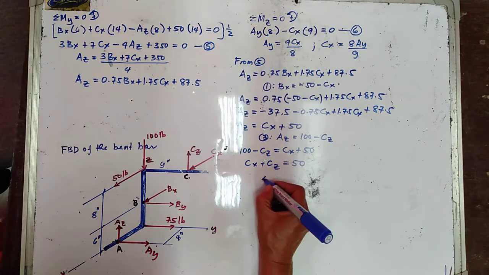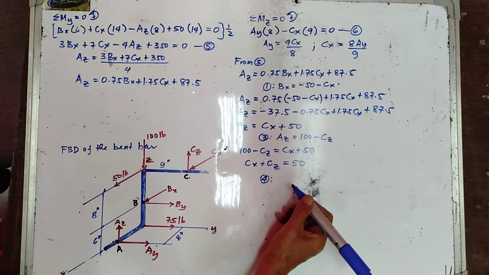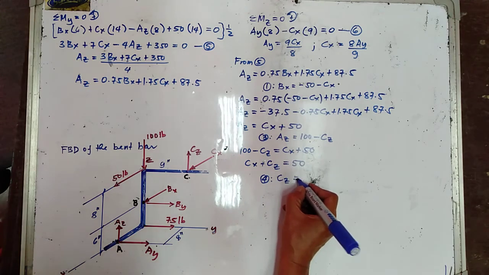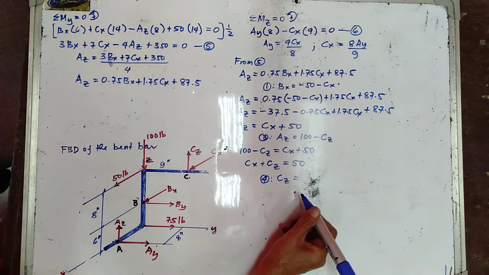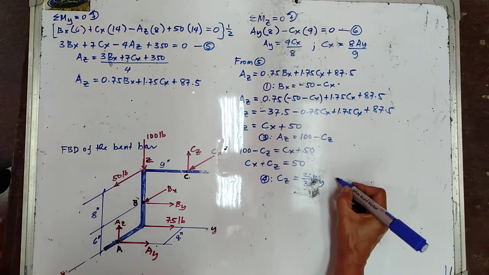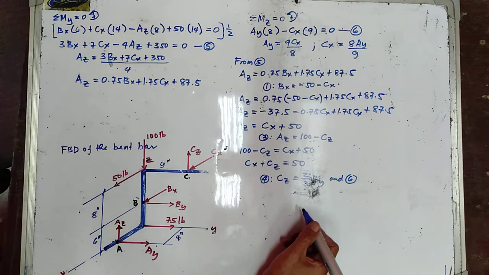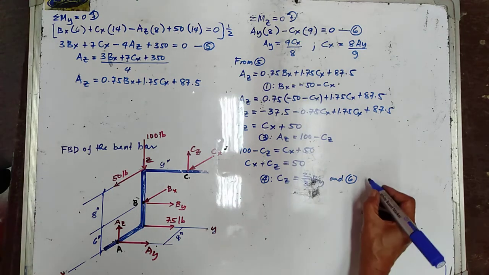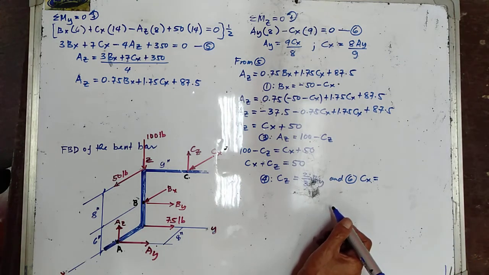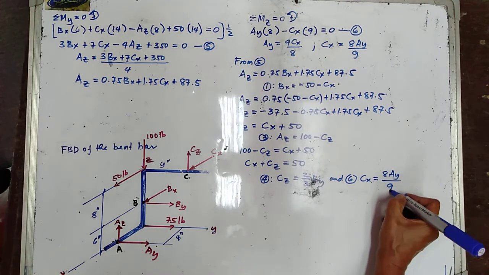Okay, so from equation number 4, CZ is equal to 2/3 of BY. And from equation 6, your CX is equal to 8AY all over 9.